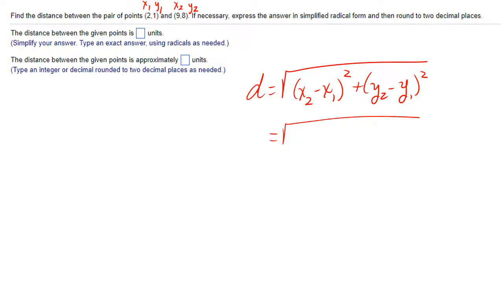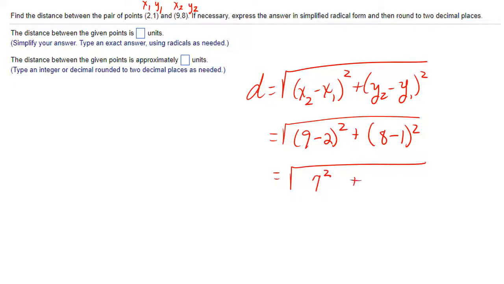I know that I have a 9 minus a 2. Then I have an 8 minus a 1. Simplifying further, that becomes 7 squared plus 7 squared, which is 49 plus 49, which is the square root of 98.